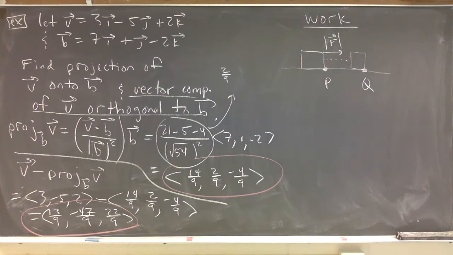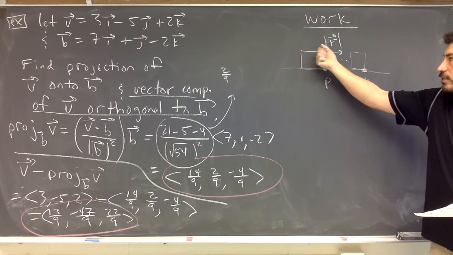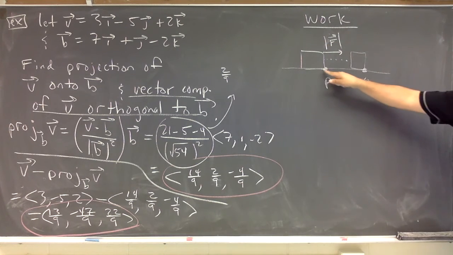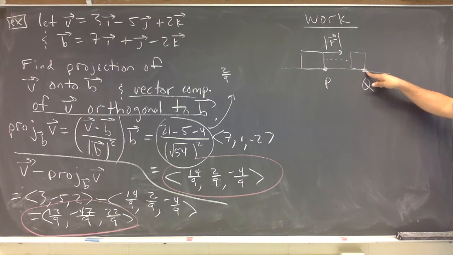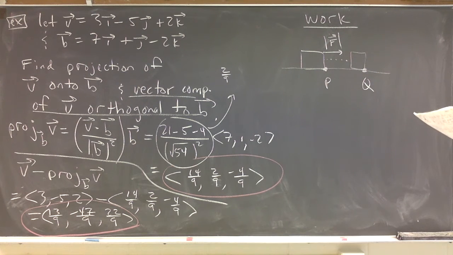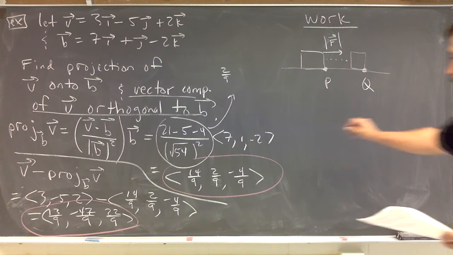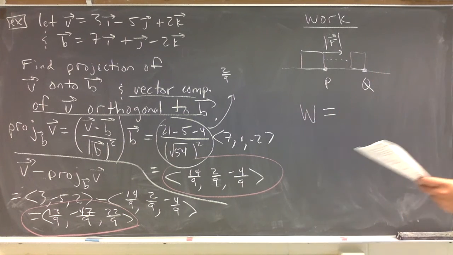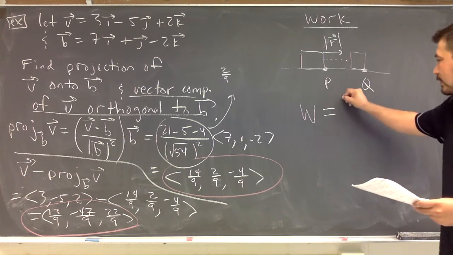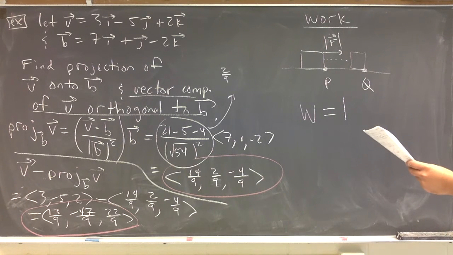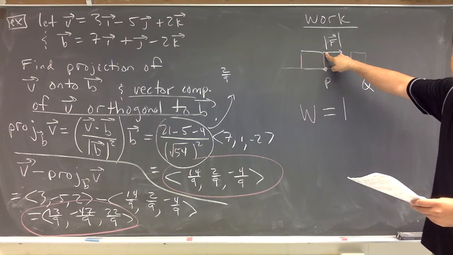Okay? So we have some force pushing or pulling so that we move from P to Q. Okay? And that's it. So you defined work last year, I hope, as simply the product of these two lengths, right? Force times distance.